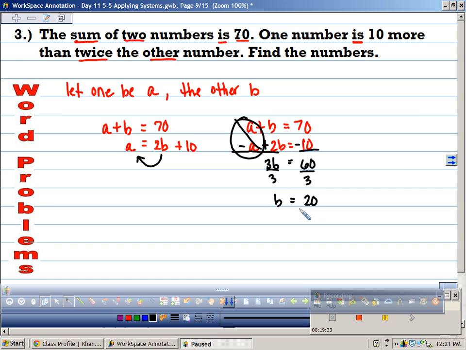How do I know what A is? I don't even need to. Alex, how much is A? Look over here. A and B are 70. I know B is 20. How much is A?